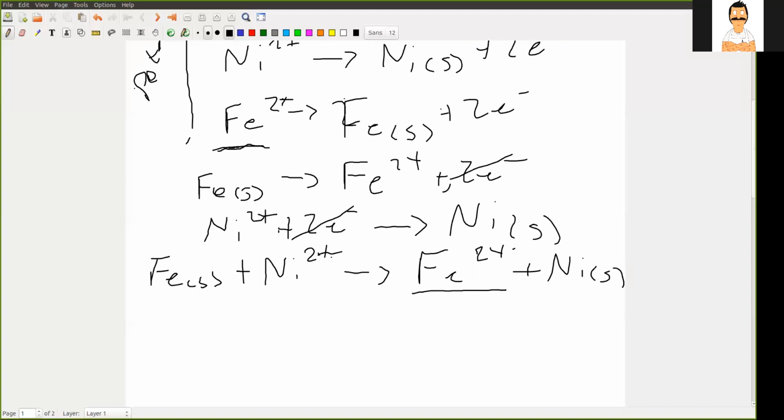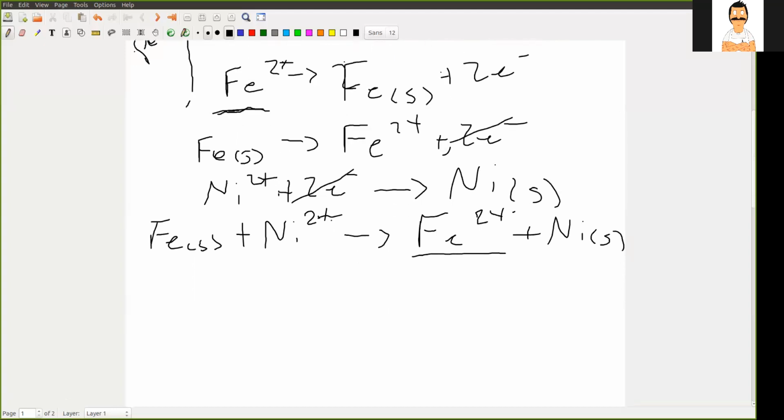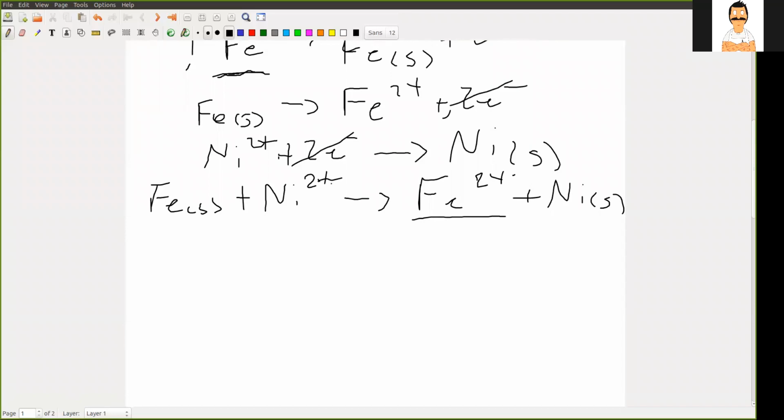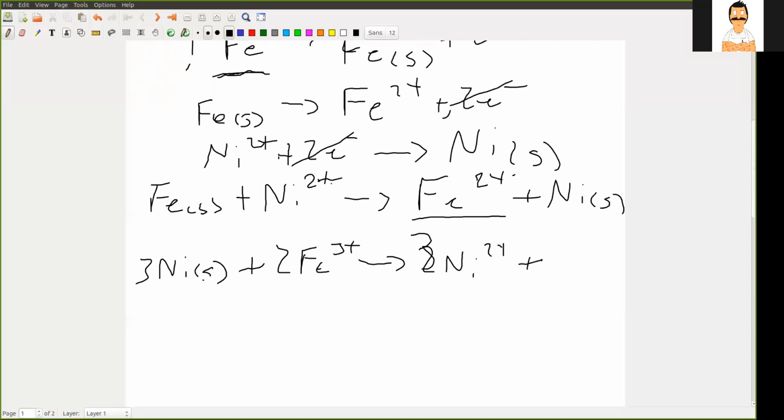Conversely, we could look at the iron 3 plus case real quick. In that case, what you would start off with is nickel solid. And it wouldn't just be one nickel solid, it would be 3 nickel solids plus 2 iron 3 pluses would yield 3 nickel 2 plus and 2 irons.